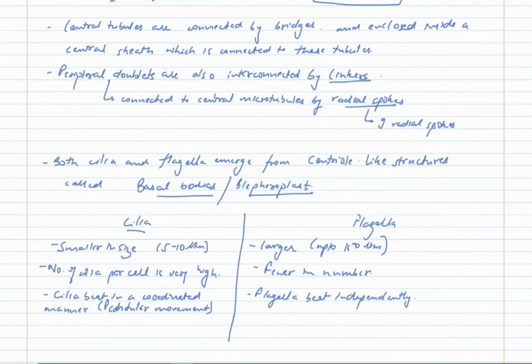This type of movement is known as undulating movement. Cilia take part in locomotion, attachment, feeding, and sometimes also in sensation, whereas flagella are only involved in locomotion.